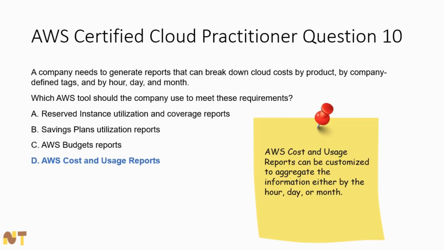It tracks your AWS usage and provides estimated charges associated with your account. Each report contains line items for each unique combination of AWS products, usage type, and operation that you use in your AWS account. You can customize the AWS Cost and Usage Report to aggregate the information either by hour, day, or month. So the correct answer here is D. AWS Cost and Usage Report.